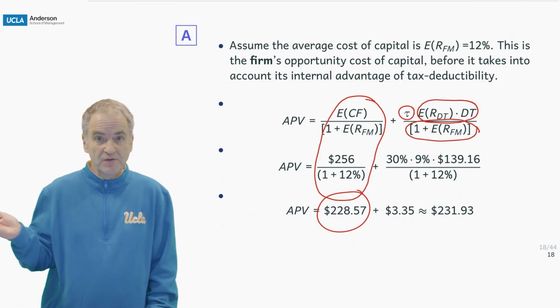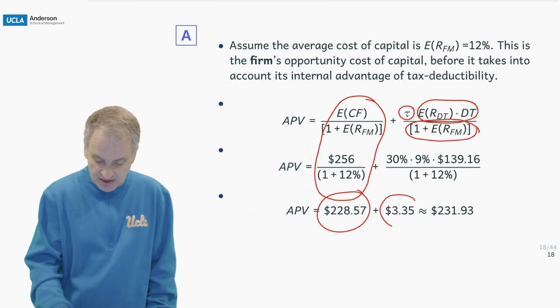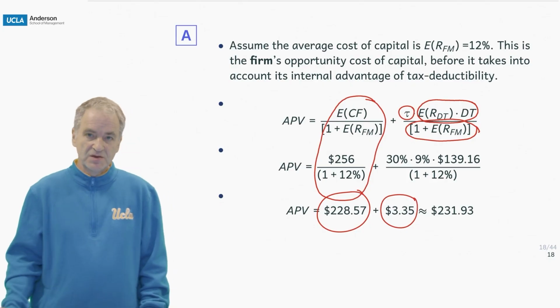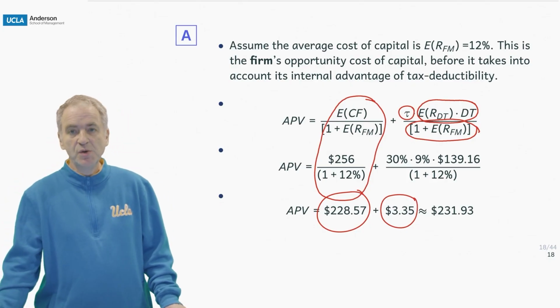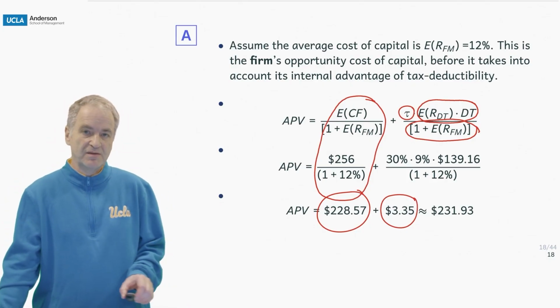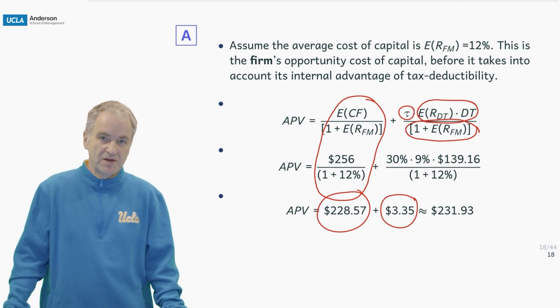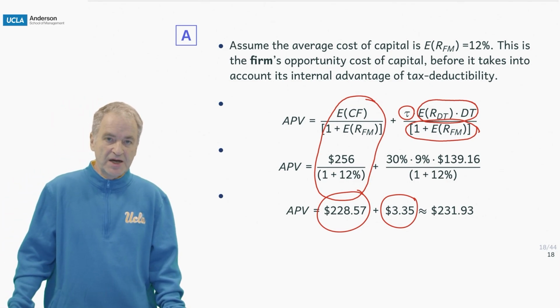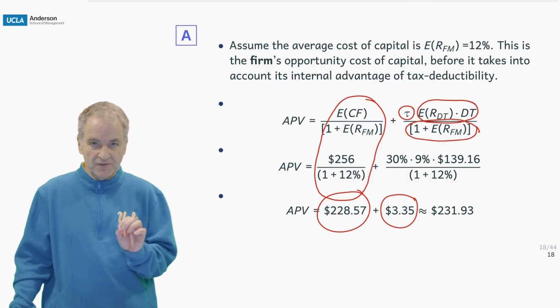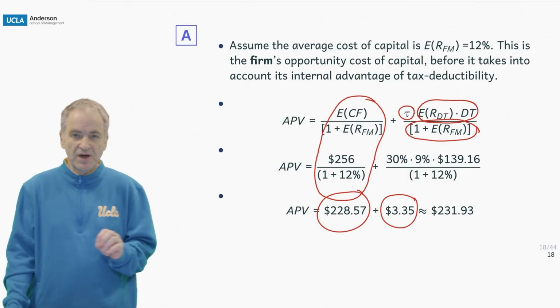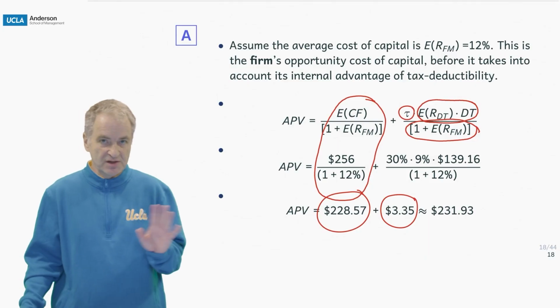And that we have already calculated as $3.35. So the answer is $231.93. The tax shelter of debt was $3.35, and we could add that back to the firm as if 100% equity financed without any tax shelter whatsoever.